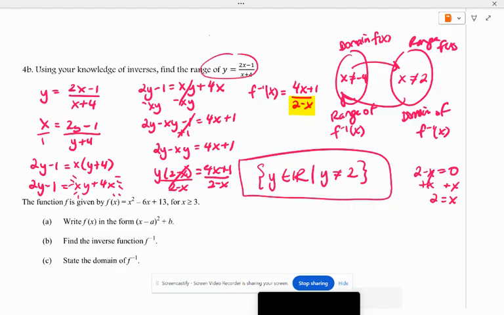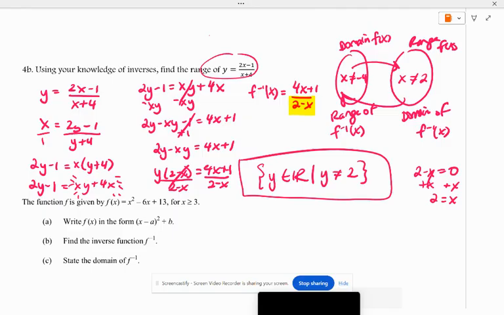Wouldn't the domain of our previous be the range of our next one? The domain of the inverse is the range of the original, right? So shouldn't our range be y not equal negative 4? No, because that's the domain of the original. Follow the inputs.